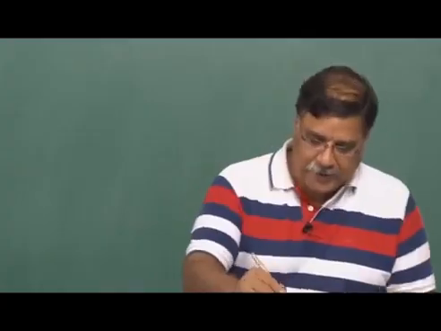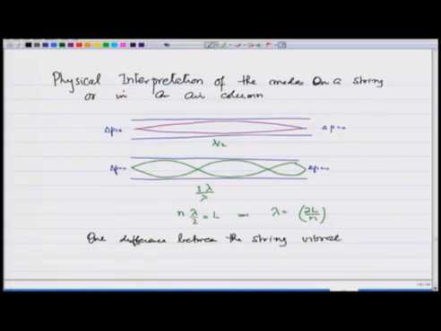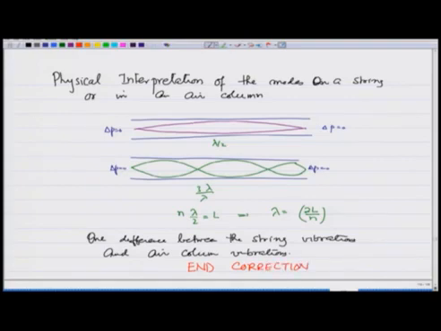Now, one difference is there between the string vibrations and air column vibrations, and this is known as the end correction. What is that?